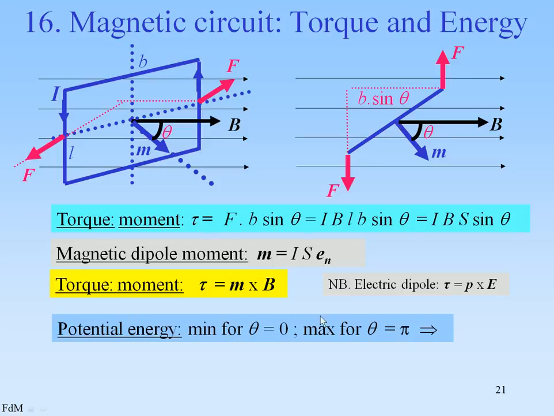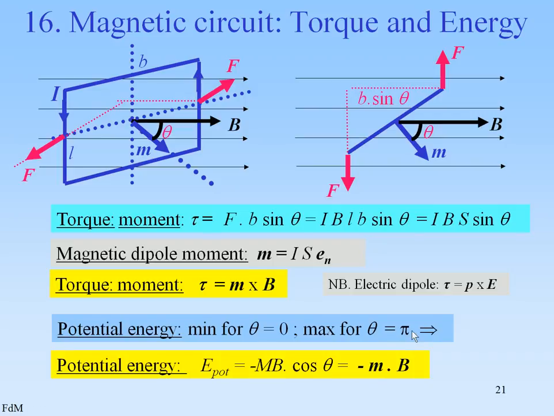The potential energy for the magnetic circuit is at a minimum for theta is 0, because then the circuit is directed with its magnetic moment along the B field, and the maximum is for theta is pi, and thus we end up with the potential energy is minus m times B times cosine theta.